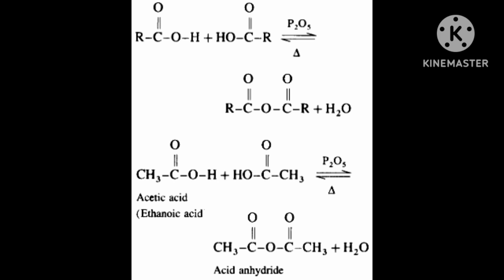That is the reaction with PCl5, PCl3 and thionyl chloride, meaning SOCl2. The hydroxyl group of carboxylic acids behaves like that of alcohols and is easily replaced by a chlorine atom on treatment with PCl3, PCl5 or SOCl2.